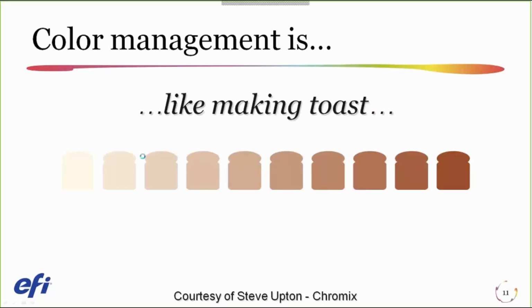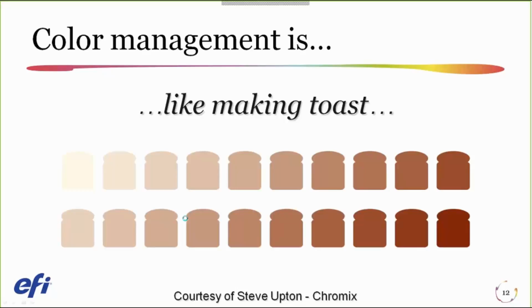A friend of mine, Steve Upton from Chromix, came up with this idea of color management being like making toast, and this is the area of color profiling. Imagine you have a toaster, and I have a toaster, and we each toast 10 slices of bread, 1 through 10. Well, notice they don't match.